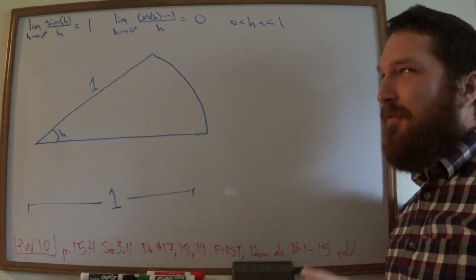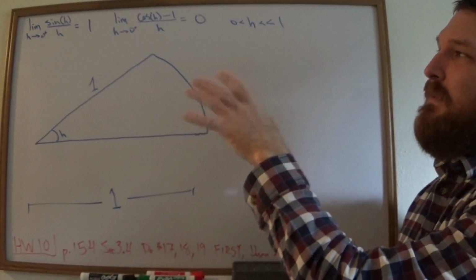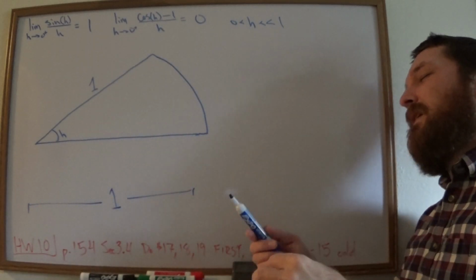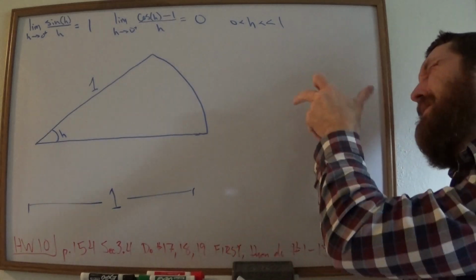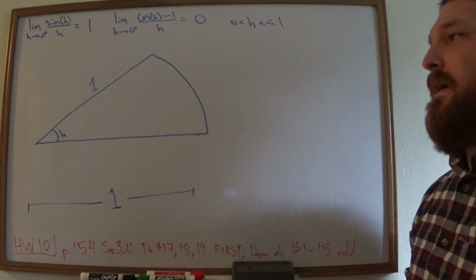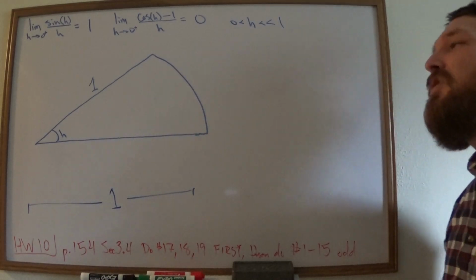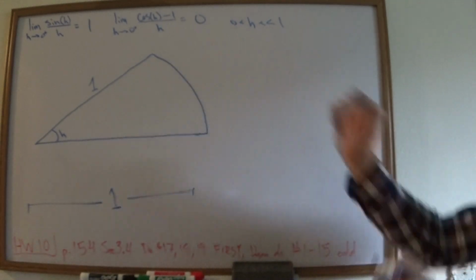So that's why I said we're going to do half of a rigorous proof here. The negative case is the same thing, it's just that h is now negative. When you multiply an inequality by a negative, it flips the inequalities, and it's just a pain. So we're not going to bother with that. Is everybody okay with that? Okay, I think this is sufficient.